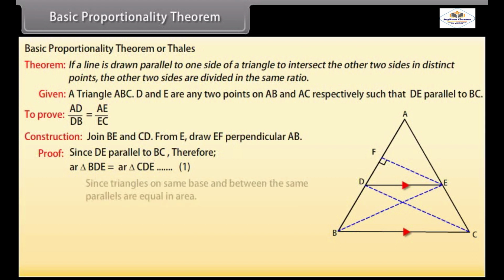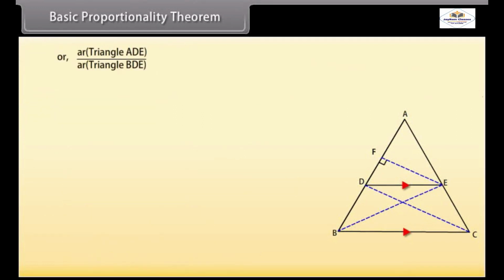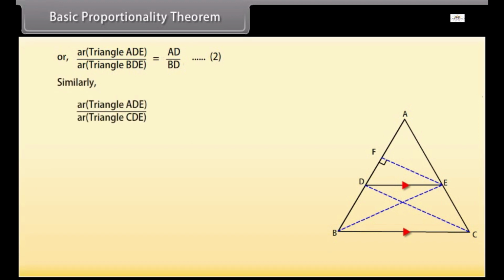Since triangles on the same base and between the same parallels are equal in area, and since area of a triangle is equal to 1 by 2 into base into altitude, area of triangle ADE upon area of triangle BDE is equal to AD upon BD. Mark it as 2. Similarly, area of triangle ADE upon area of triangle CDE is AE upon EC.